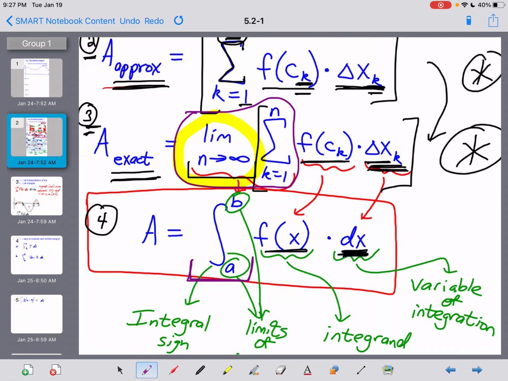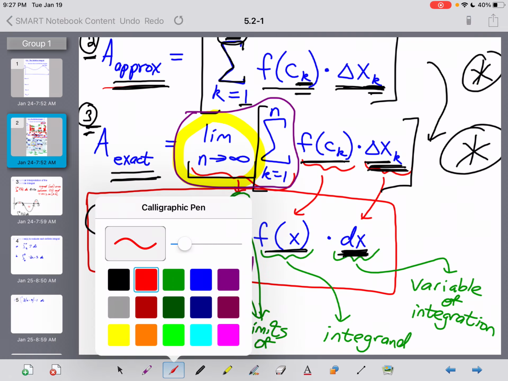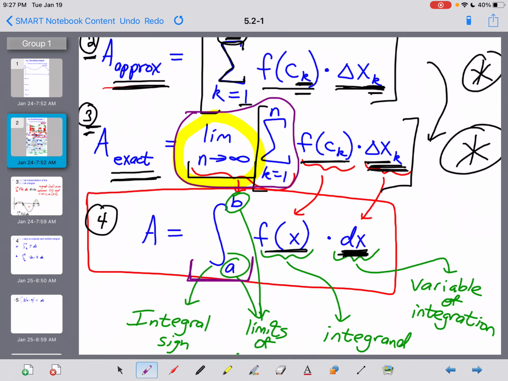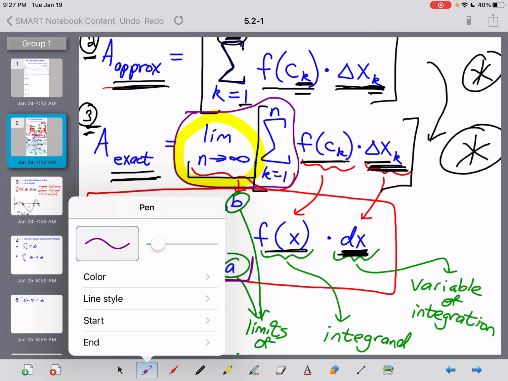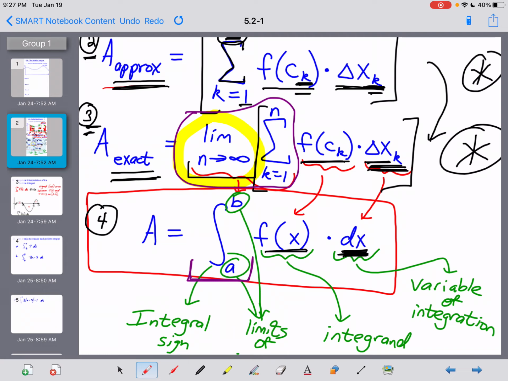And just in case this is lost on anybody, I need you guys to realize what kind of cool thing just happened right here. The cool thing is that letters changed over time. We started with this letter right here, the Greek letter sigma, which was the Greek S, which now got replaced by the definite integral sign, which looks a little bit like the Roman letter S. That is not a coincidence, everybody.